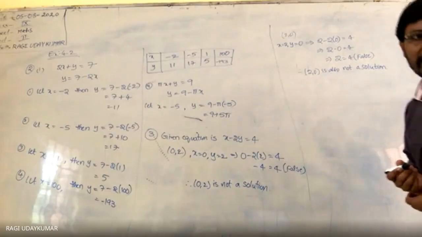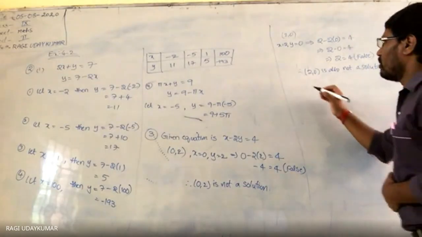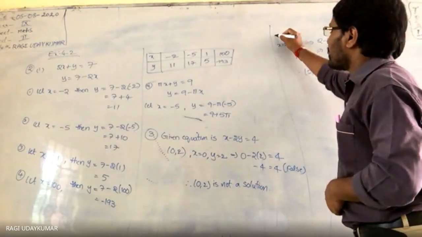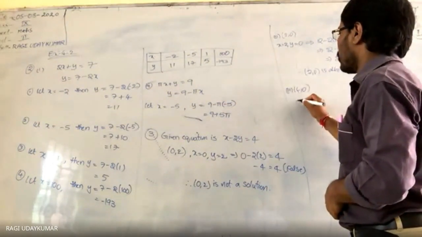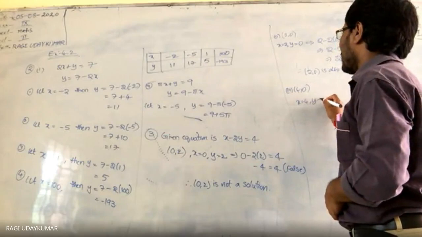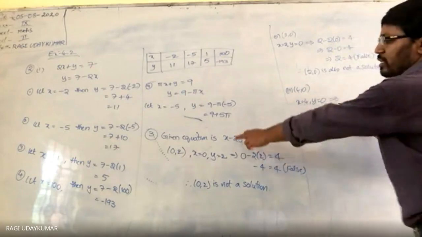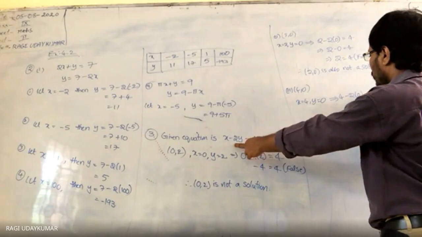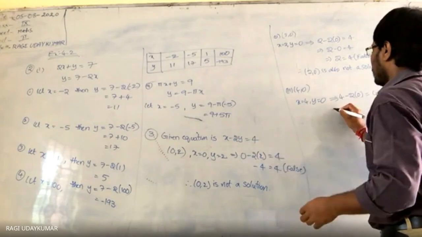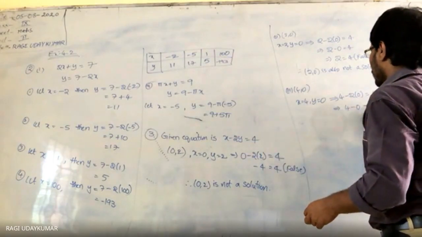Next one is the third one, given to you 4, 0. So x is equal to 4, y is equal to 0. Implies substitute: 4 minus 2 into 0 is equal to 4. This implies 4 minus 0 is equal to 4.